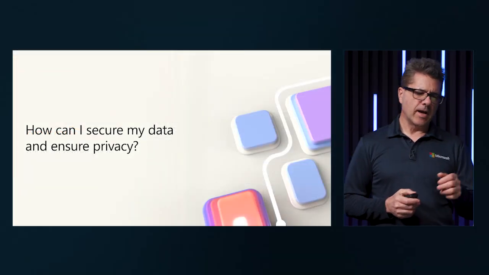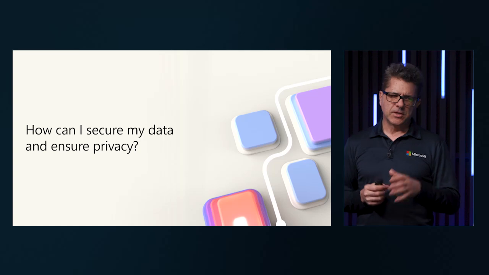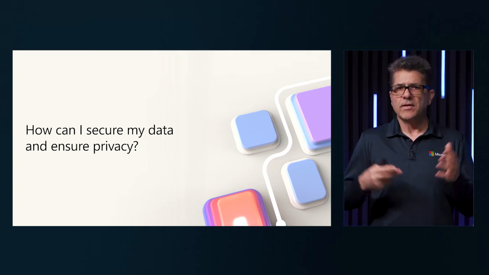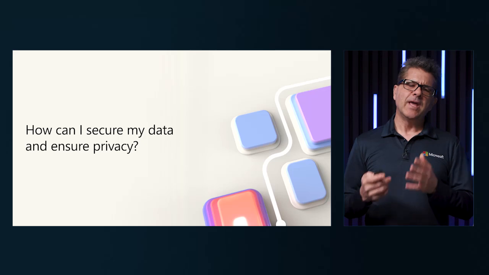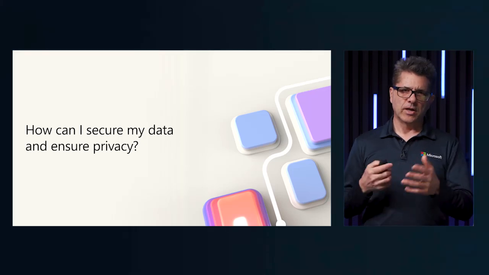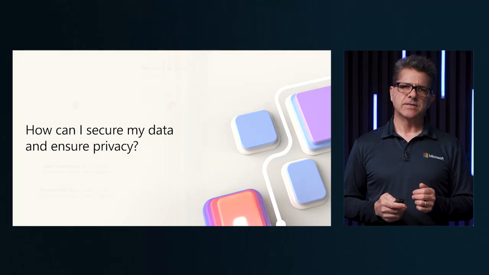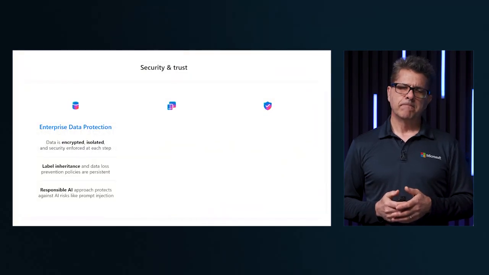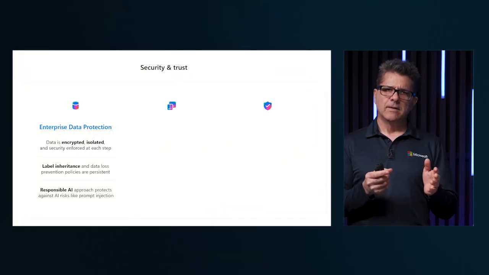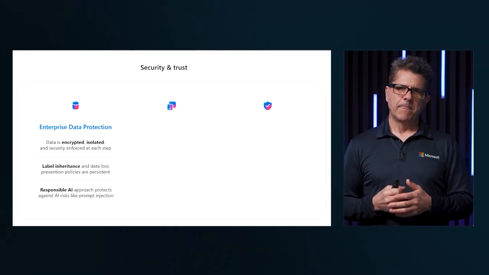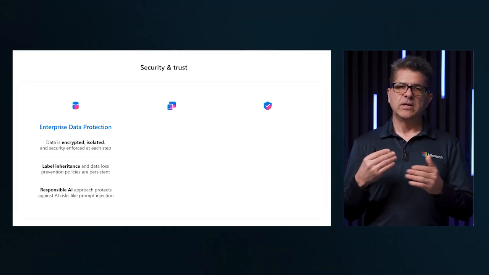How can I secure my data? We mentioned this in terms of privacy. One of the concerns when working with AI is the question, is my data safe? Copilot is built with Microsoft's comprehensive approach to security and governance.